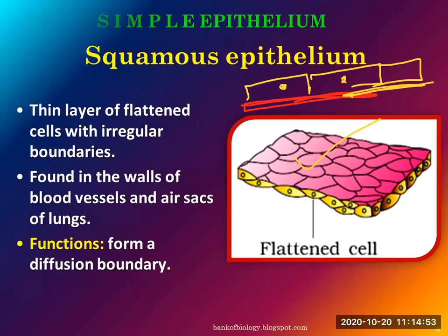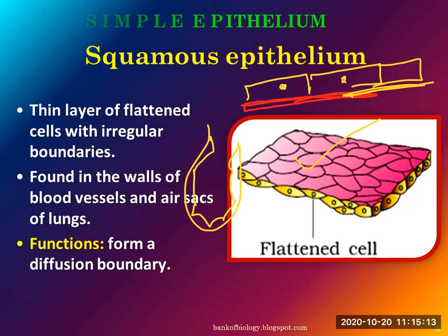It is a thin layer of flattened cells with irregular boundaries. They are found in the walls of blood vessels, technically the endothelium of blood vessels. Air sacs, that means alveoli, are composed of simple squamous epithelium.